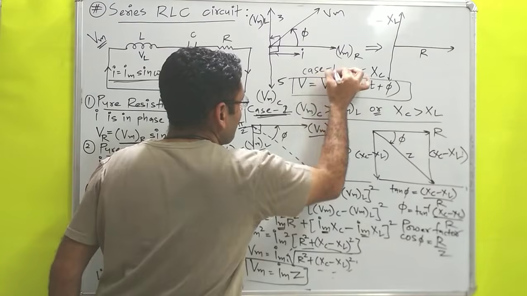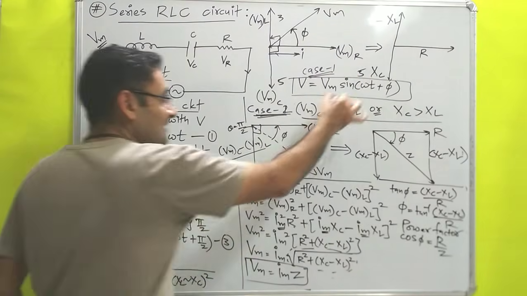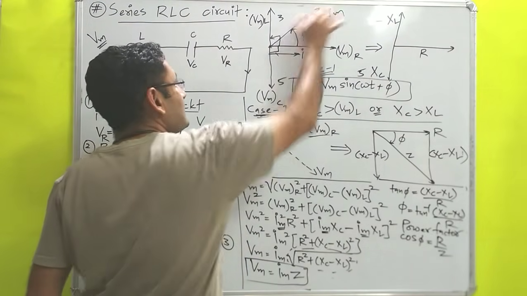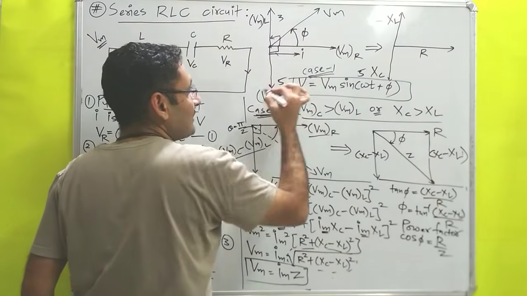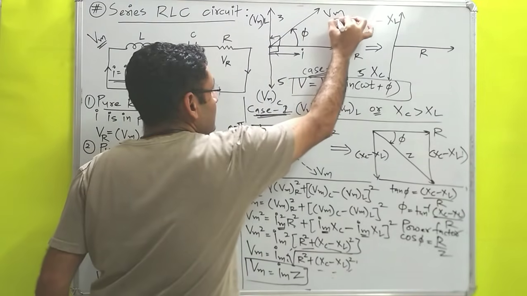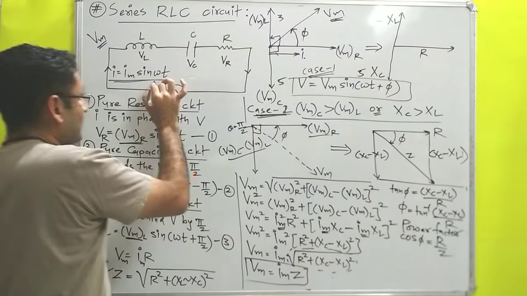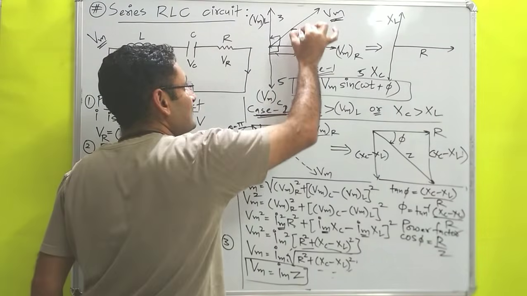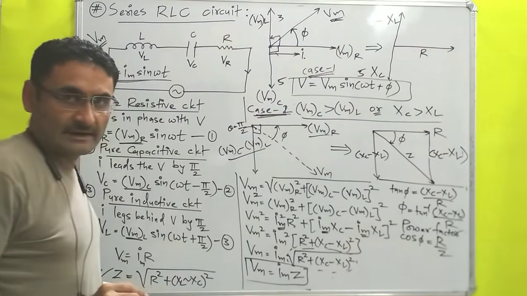Why plus phi? Because the resultant is passing above this graph, so Vm leads the current, and the current phase is omega t, so the Vm phase will be plus phi.